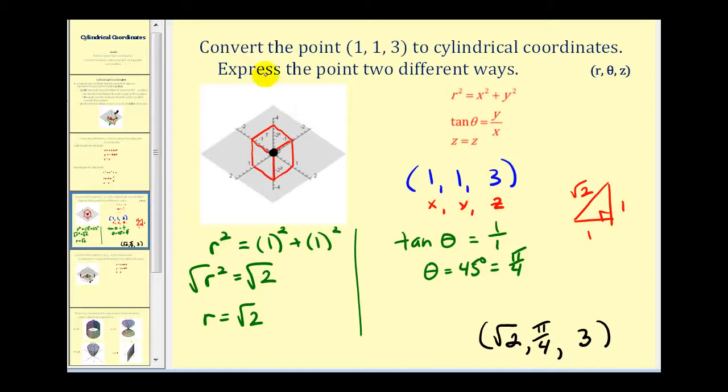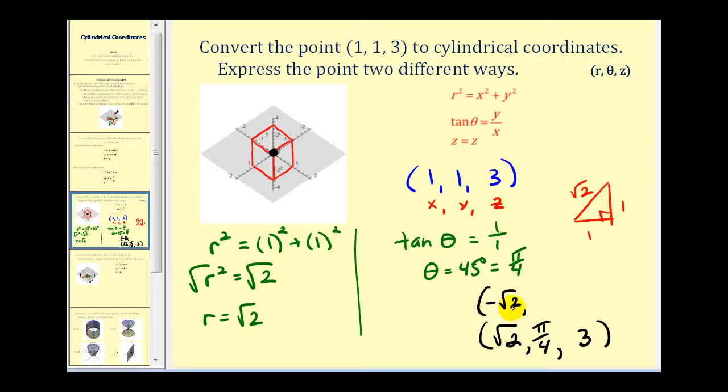But remember, it does ask us to express this using two different ways. So going back to what we know about polar coordinates, if we change the sign of r using a negative value of r, we'd have to plot an angle that would be different than pi over 4. So if we add 180 degrees or pi radians to this, it would be the same location in the xy plane if we're using a negative value of r.